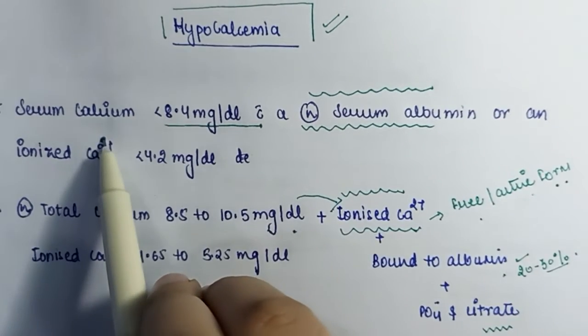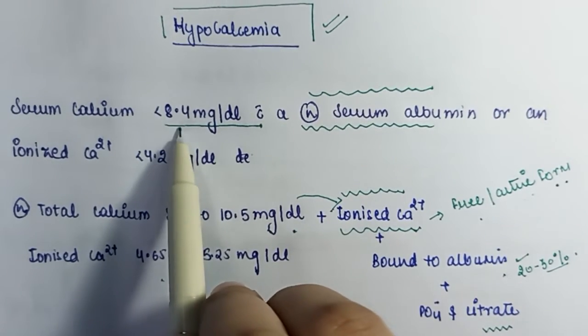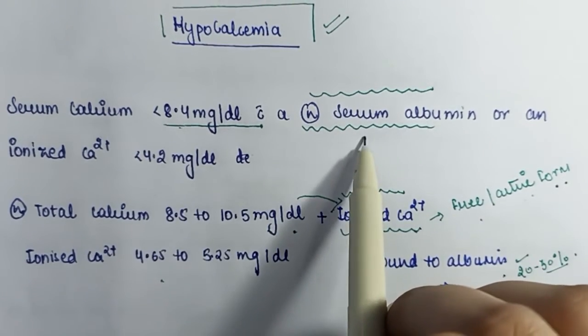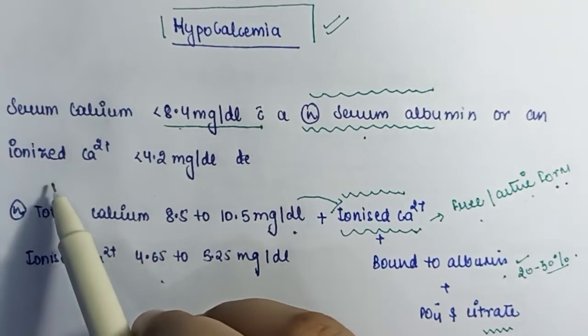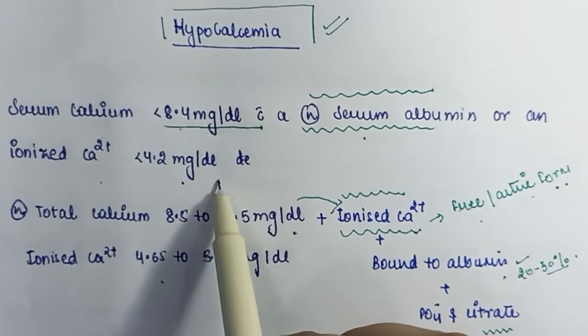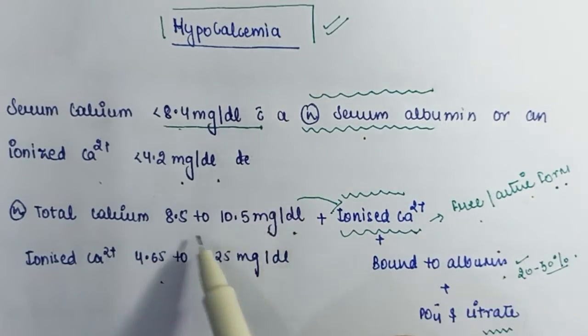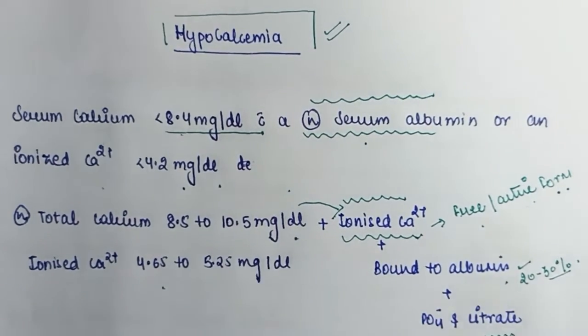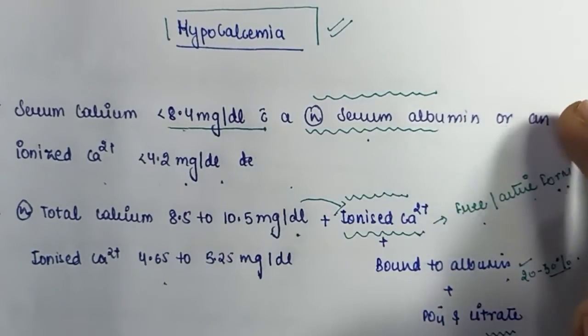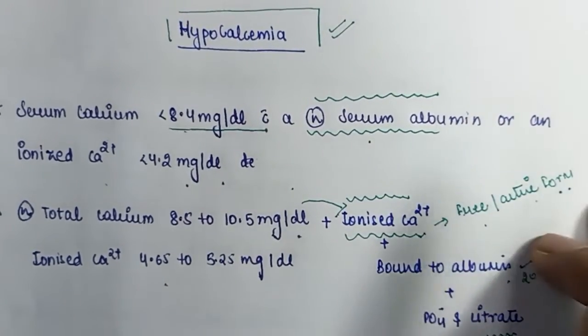So serum calcium less than 8.4 milligram per deciliter, but the requirement is that serum albumin should be normal, or ionized calcium should be less than 4.2 milligram per dl, when we call it hypocalcemia. Serum albumin has a very important role in the physiology of serum calcium, which we will discuss later.